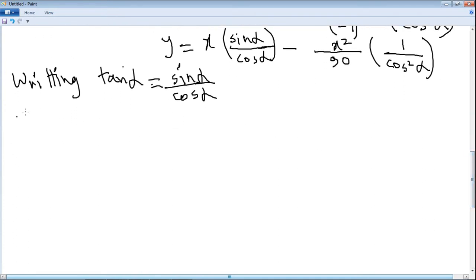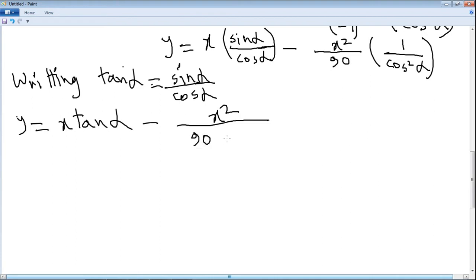Then what we are going to get is y equals x tan alpha minus x square by 90 cos square alpha. So this is how we are going to solve this.